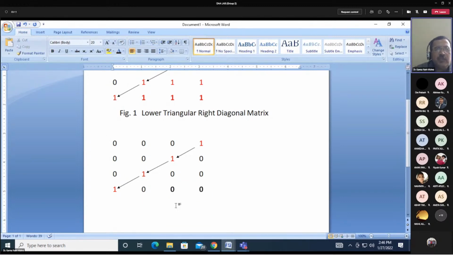In question 1 we described the lower triangular right diagonal matrix. Here we will see the upper triangular right diagonal matrix.